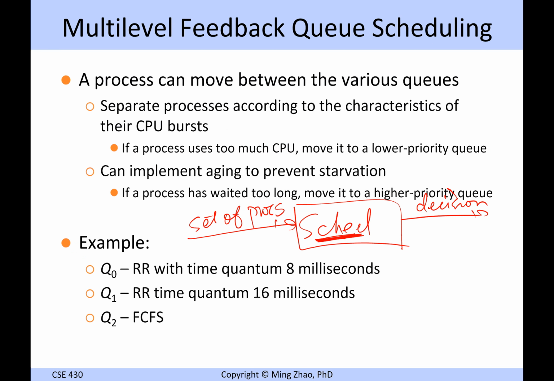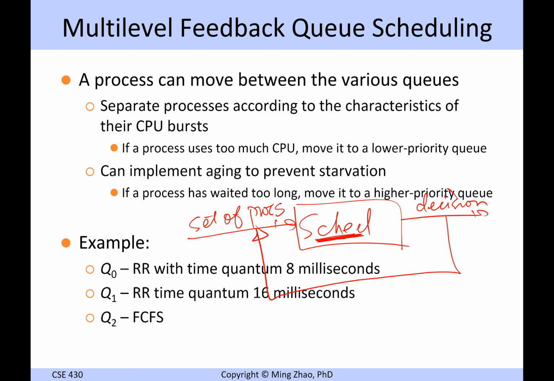If we only have this feed forward, only this one direction diagram, then that is the basic multi-level queue scheduling. Now, in multi-level feedback queue scheduling, the scheduling decision that we make will come back and influence our scheduling.